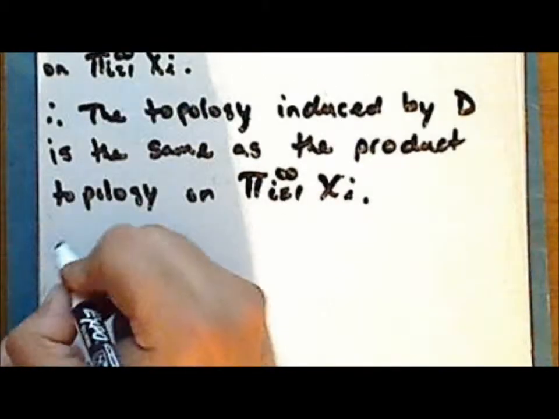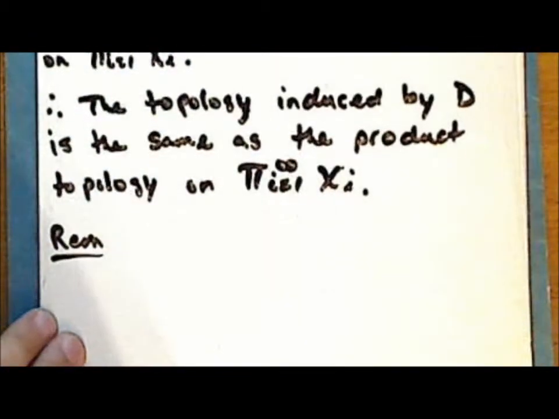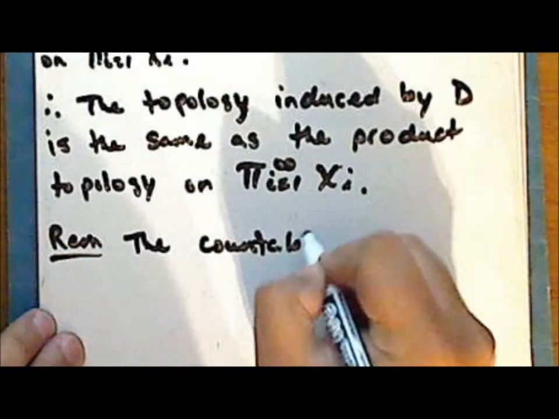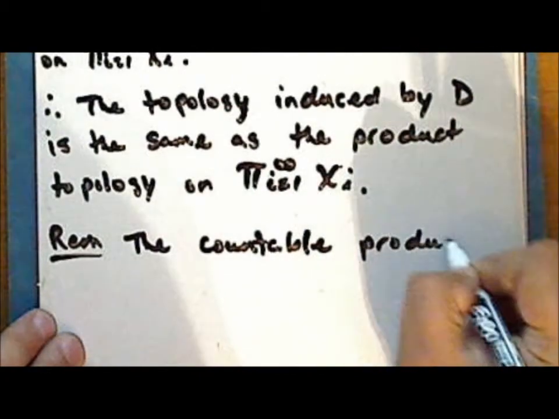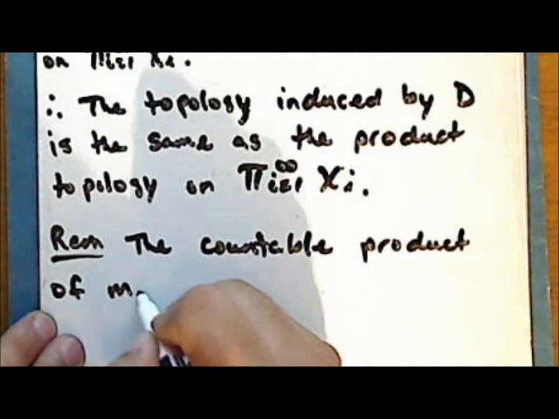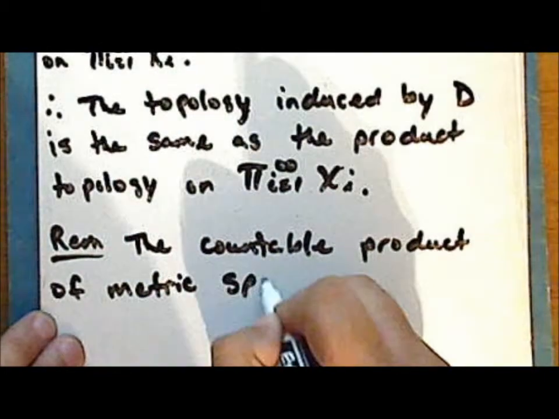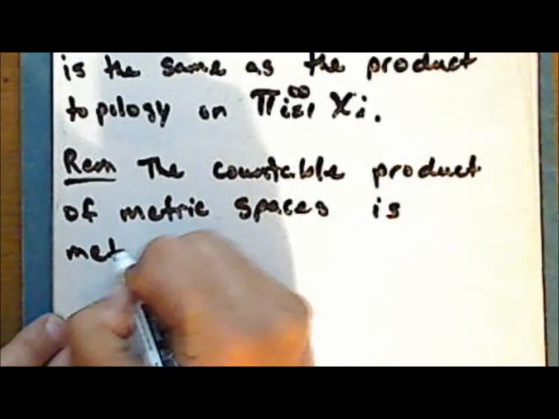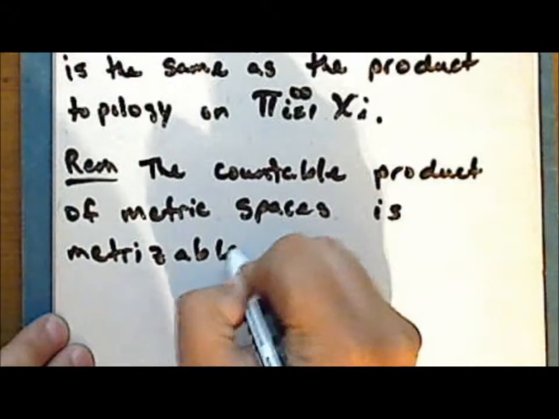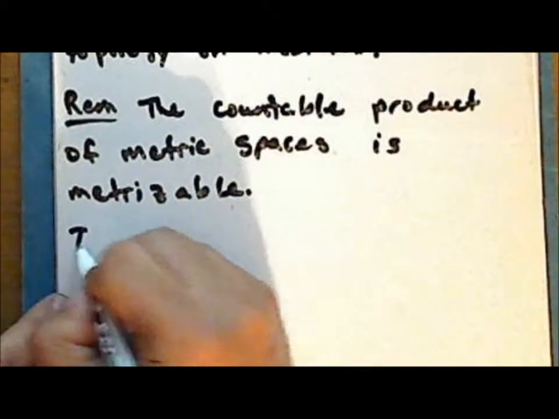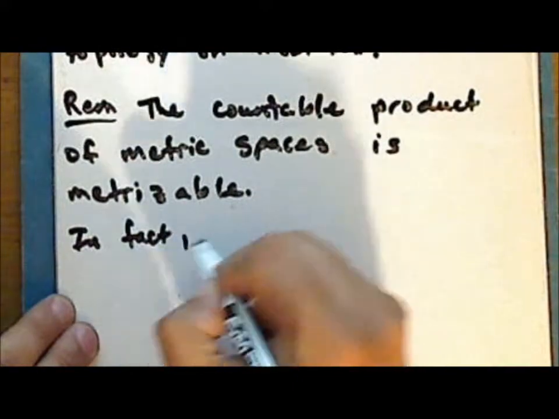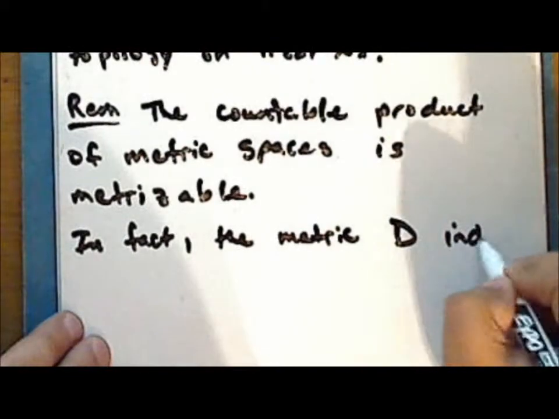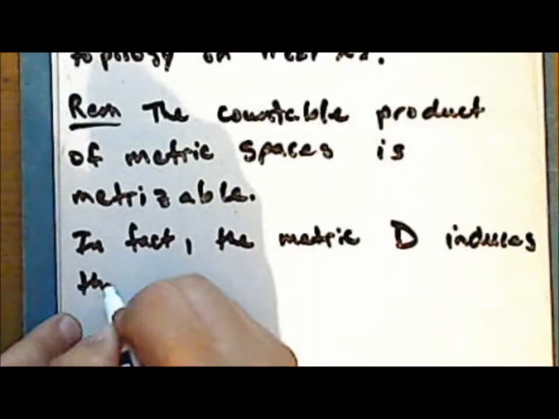Okay, so notice that this theorem states that the countable product of metric spaces is metrizable. And in fact, the metric capital D induces the product topology.